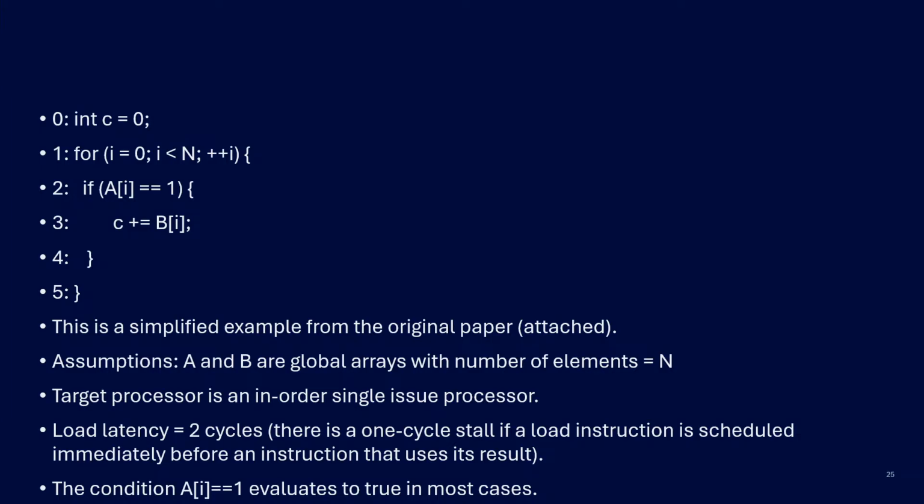If it is not equal to 1 we will go to L2. If it is equal to 1 then we will go to B2. So this edge is high frequency, let's say 90%.